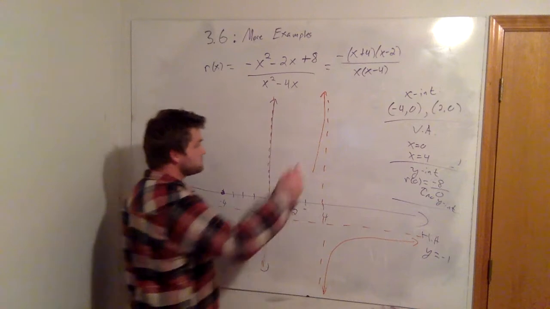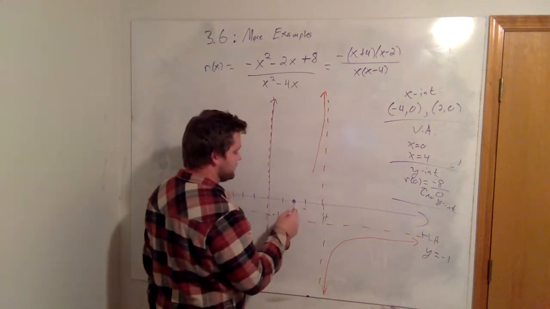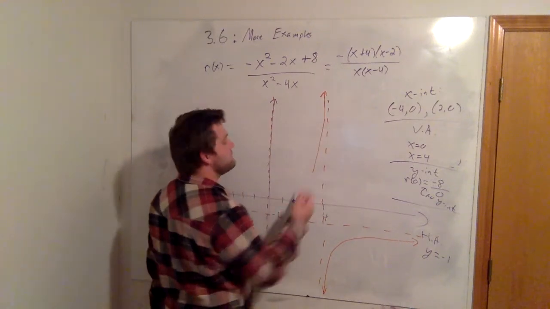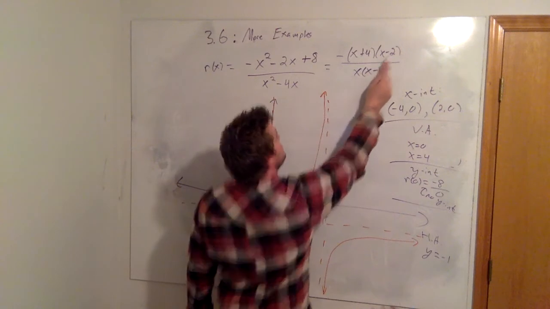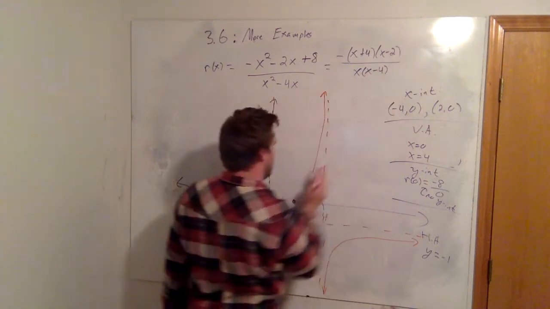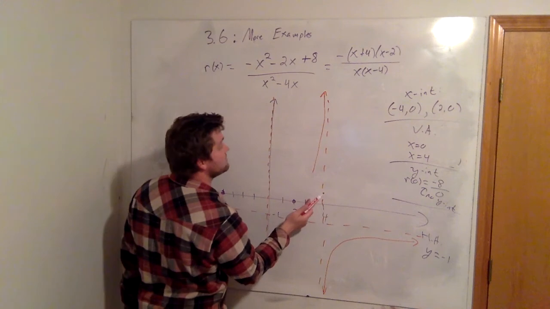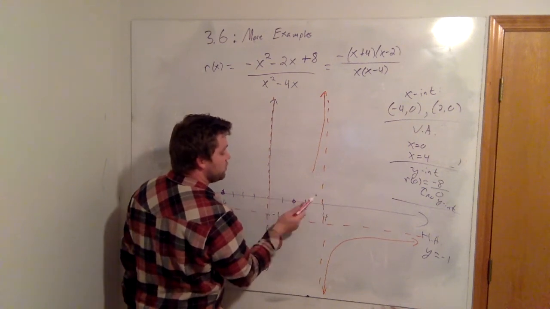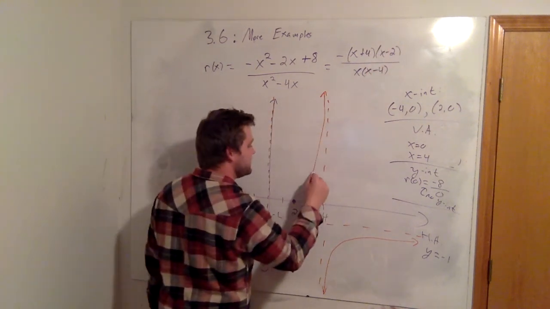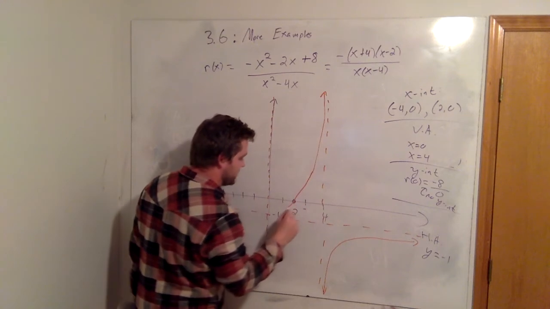Okay, well, does it cross through, or does it bounce? Well, if I look over here at x minus 2, notice that it has an odd multiplicity. So if I'm positive on the right side of 2, it's going to flip sign when I go to the left side of 2. So if it was positive, when I go over here, now it'll be negative.